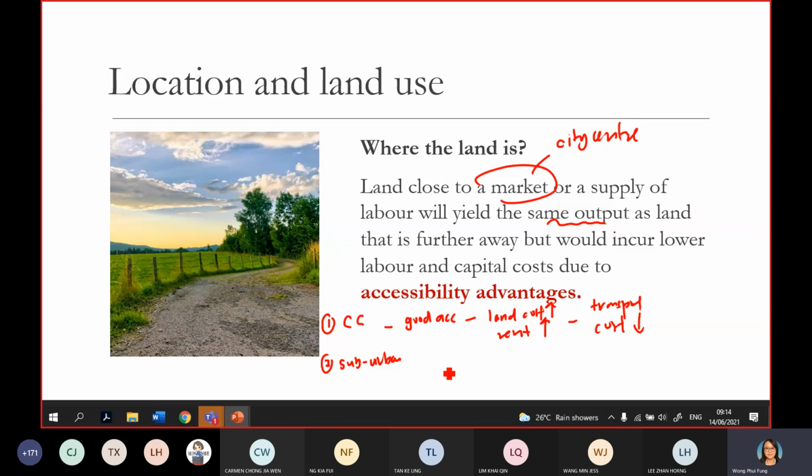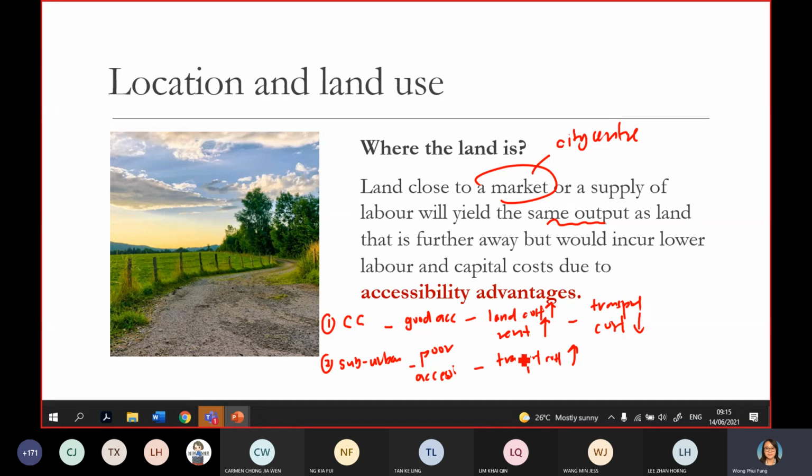On the other hand, suburban areas, say for example Seremban, Semenyih, are very far from the city center. So in that case, the accessibility will not be so good. Poor accessibility. In that case, the transport cost will be higher. Most of the people nowadays buy houses at Semenyih, Seremban.